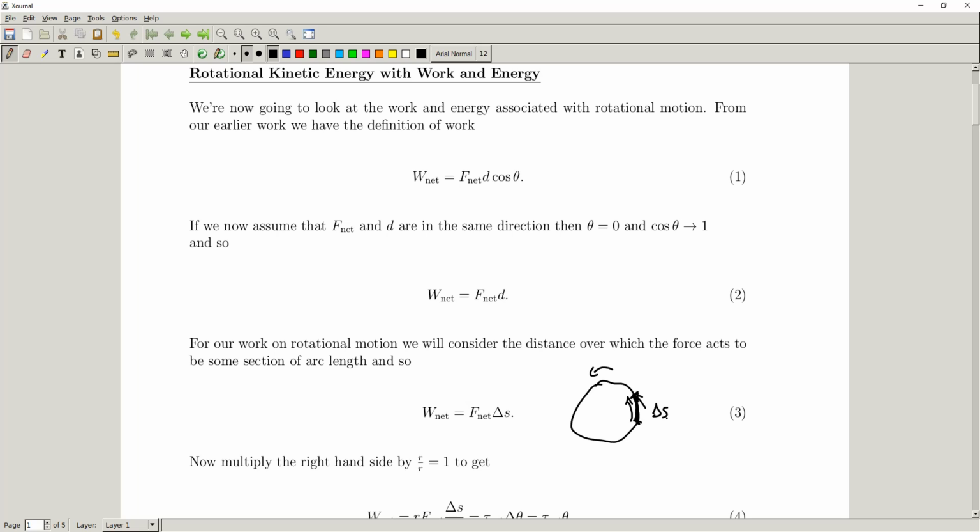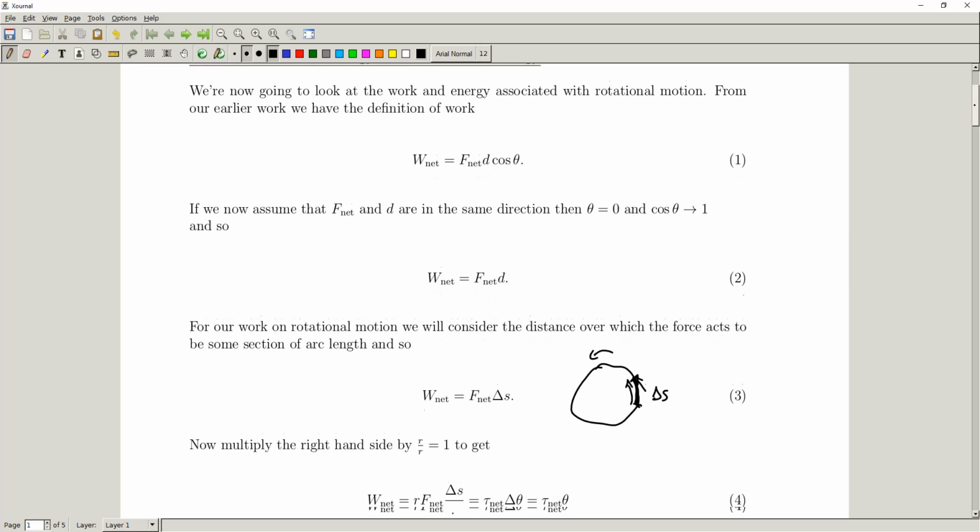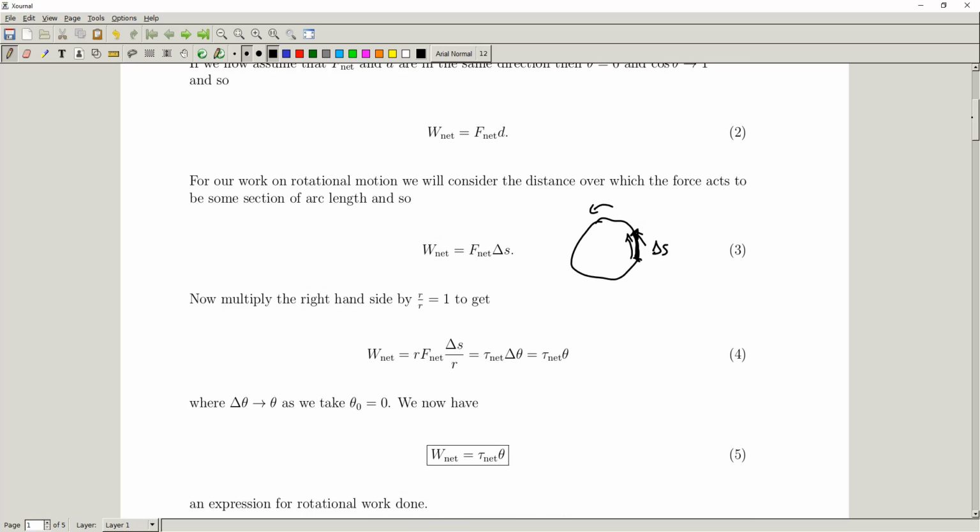Okay, so just remember what we mean by delta S here. For some section of arc length, that's our d, right? So we can replace the d with this delta S, and this becomes our expression for work. It's the force applied over some delta S. Okay. So if we take that expression, and then we simply multiply the right hand side by 1, so we basically do nothing, we simply multiply by r over r.